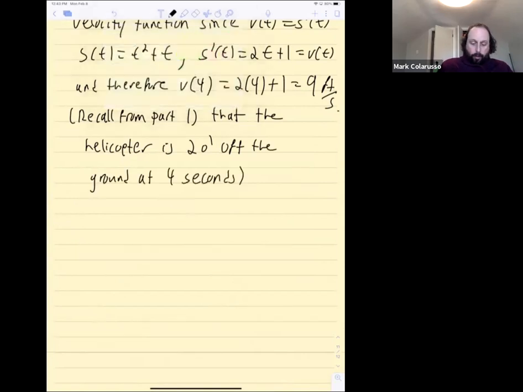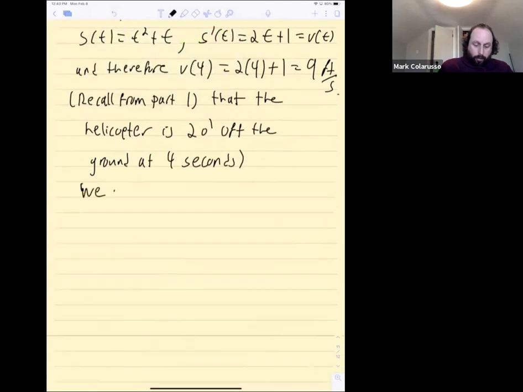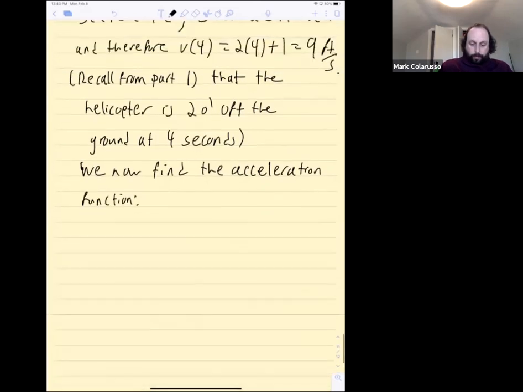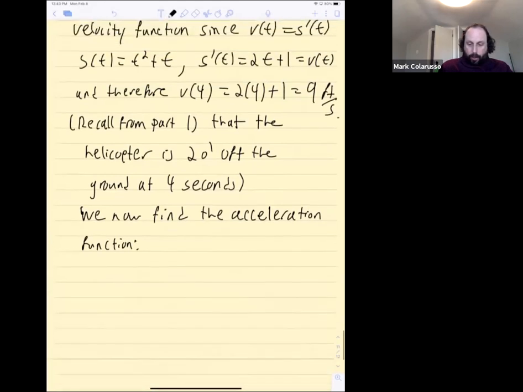Okay, and now we find the acceleration function. To find the acceleration function, we have to differentiate the velocity function.